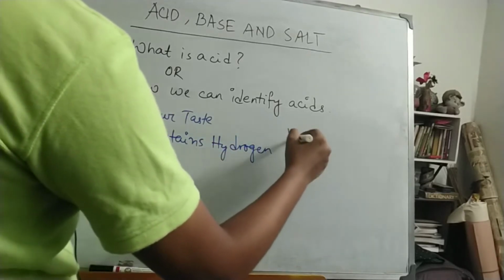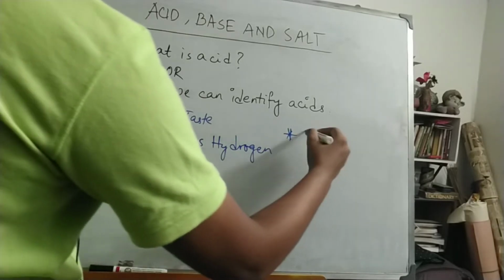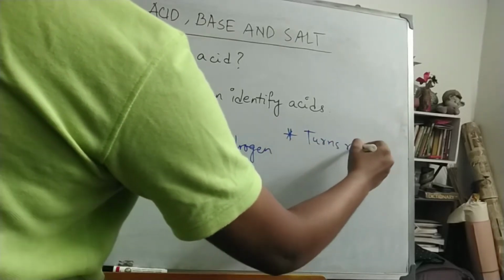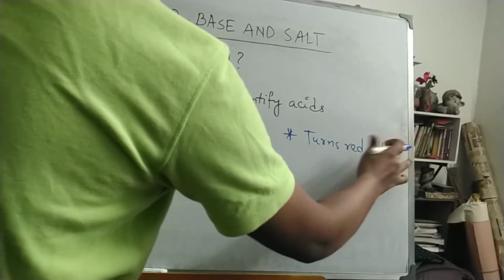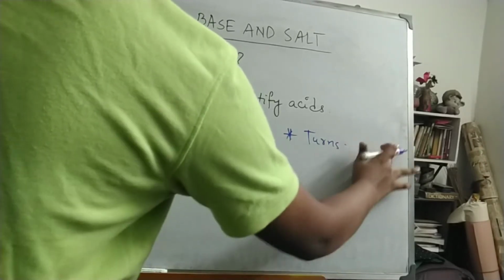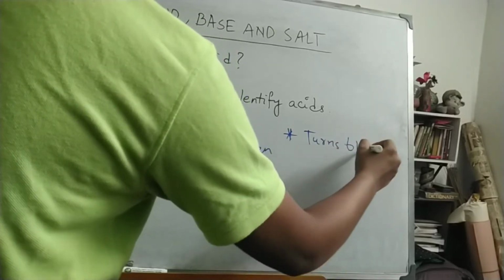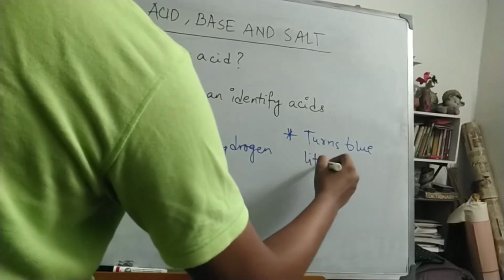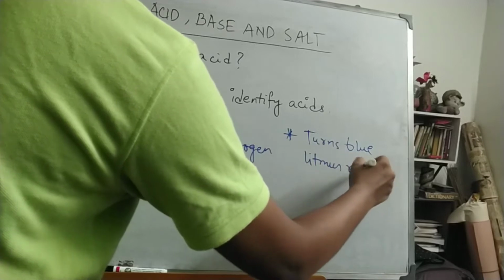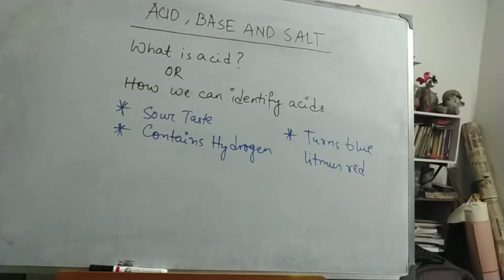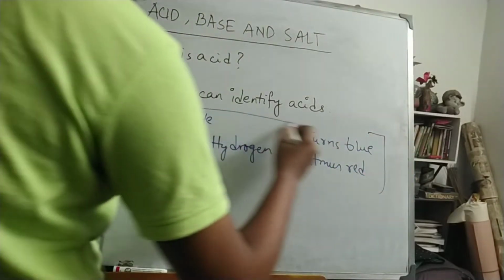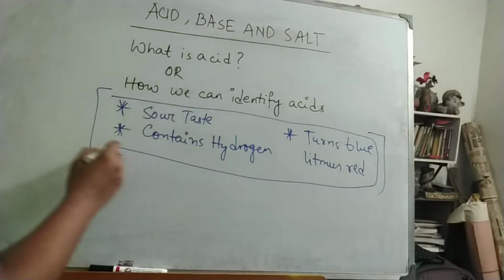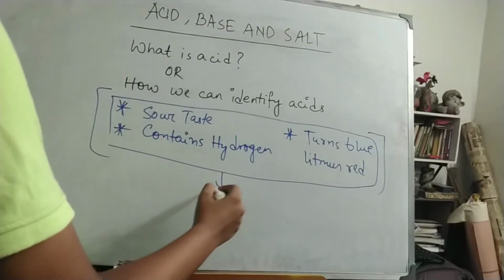Number 3, turns blue litmus red. So these are the properties or characteristics to identify a substance. These properties should be present if a substance is acid.